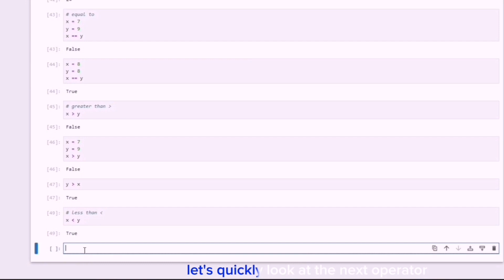So let's quickly look at the next operator, which is the greater than or equals to operator. This is how it is represented, something like this.